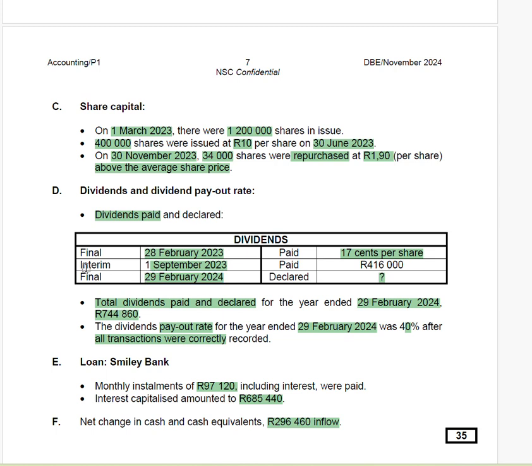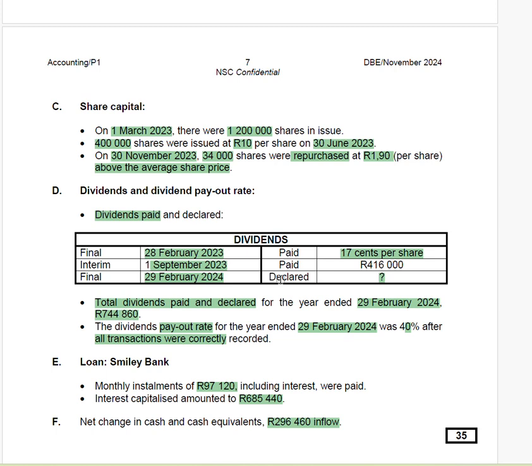Then the second part is about interim dividends, which were paid, and the final one, which was declared. What is important for you to understand is that declaration doesn't mean a cash outflow. So what does that mean? There was no cash outflow on 29 February 2024 for the dividends declared.